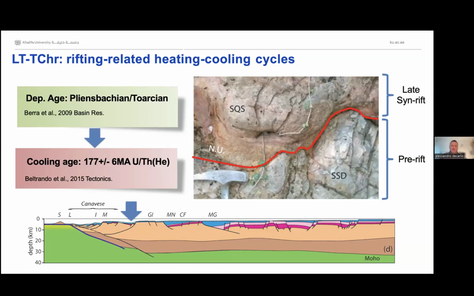When we tried to determine the cooling age with the uranium-thorium technology, we found more or less the same age. How was this possible? We tried different grains, we tried different rocks, and the results were more or less the same. So it was funny.